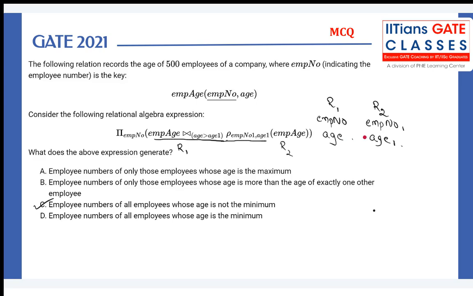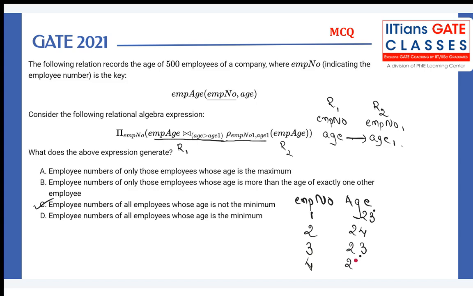Let's say you have employee number 1, age is 23, employee number 2, age is 24, employee number 3, age is 23, employee number 4, age is 25.